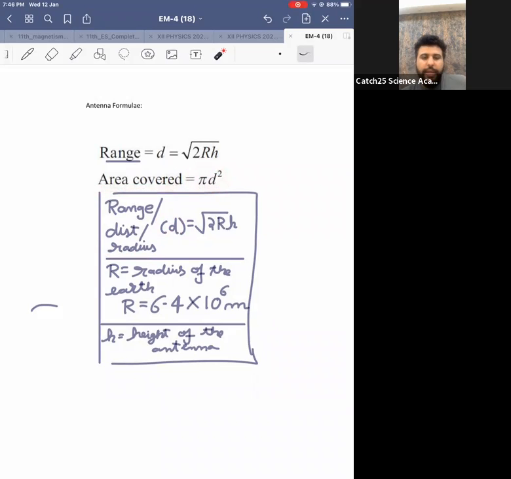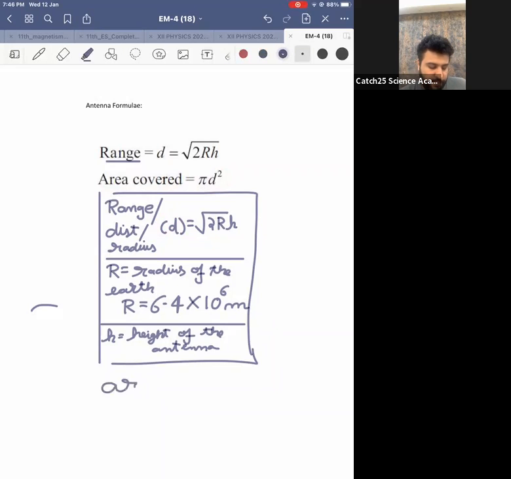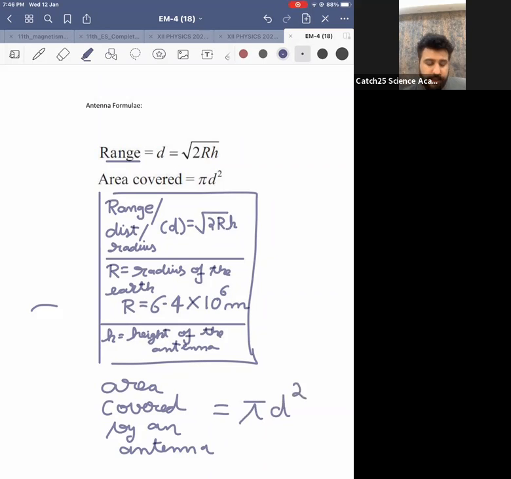Write down the second formula. Area covered by an antenna is pi d square, where d is the distance covered by an antenna.